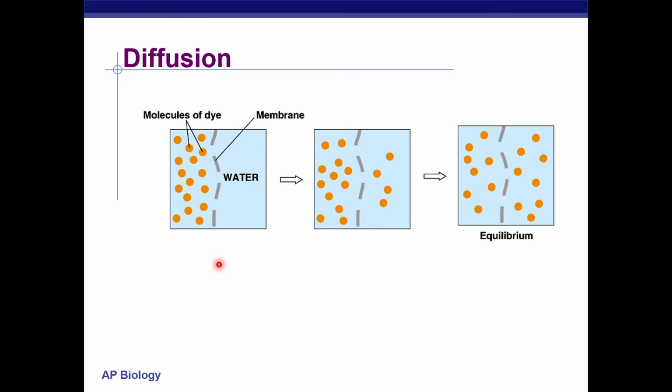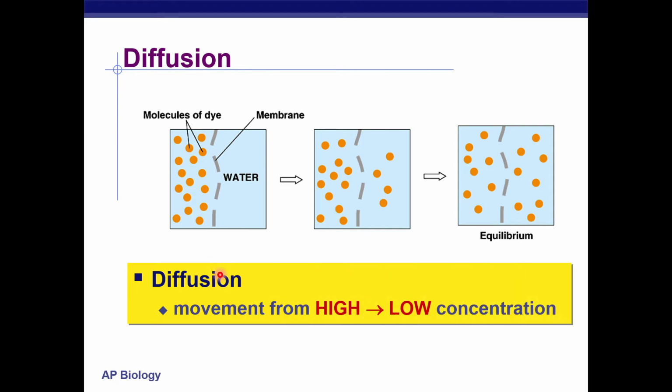So this is something that's going to happen on its own naturally without any external force applying any sort of pressure to it. So a substance is going to move spontaneously within its own concentration gradient from an area of higher concentration to an area of lower concentration. And it's independent of any other stuff.